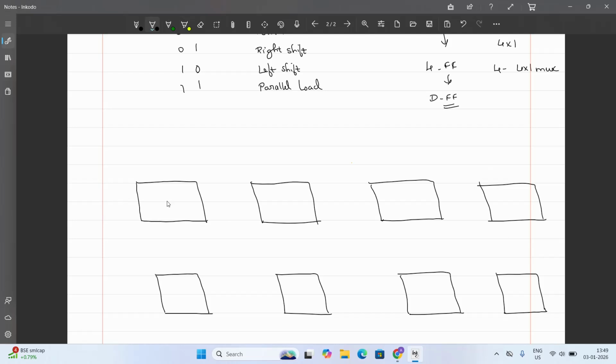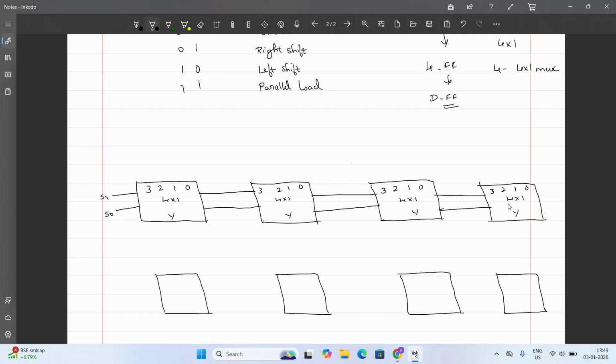You know that a 4:1 mux has 4 inputs, 1 output, and 2 select lines. I'll show the inputs here as 0, 1, 2, 3. There is one output for each of them, Y, and 2 select lines. What you're supposed to do is short all the select lines: all 4 mux select lines are connected together and given as S1, S0.